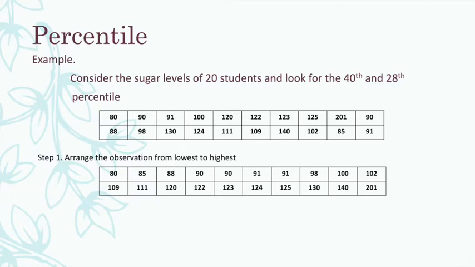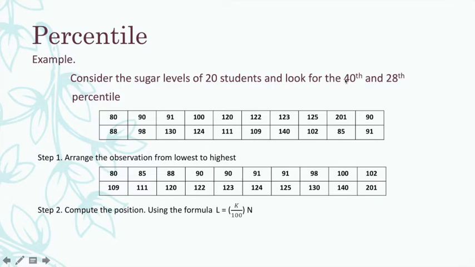Step 2, compute the position. Using the formula of the position, L is equal to K over 100 times N. Let's say 201 is the 100th percentile, and the 80, which is the lowest number, is the first percentile.